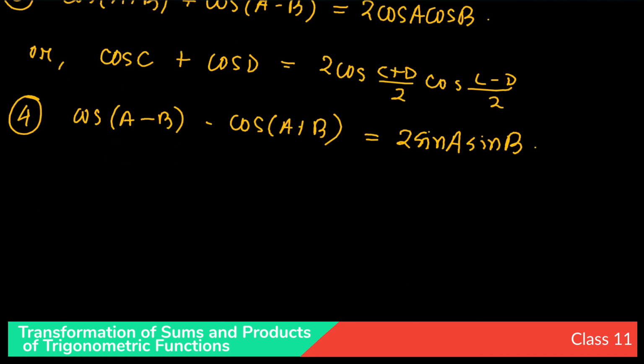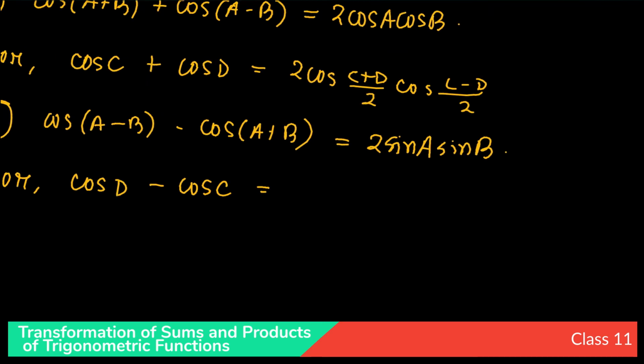Again we replace the values, so it is cos d because we have considered a minus b as d, minus cos c is equal to 2 sin c plus d by 2 and sin c minus d by 2.